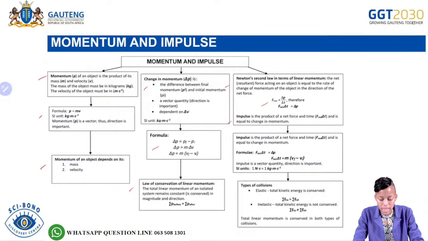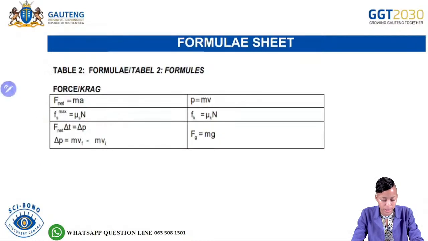We have covered impulse, and we have also covered the types of collisions, which are elastic and inelastic collisions. So this is basically a summary in terms of momentum and impulse.